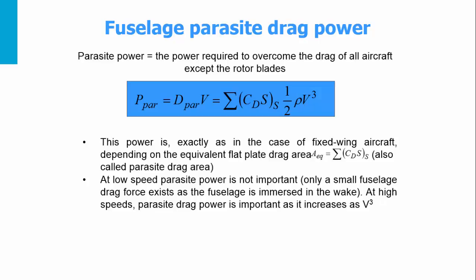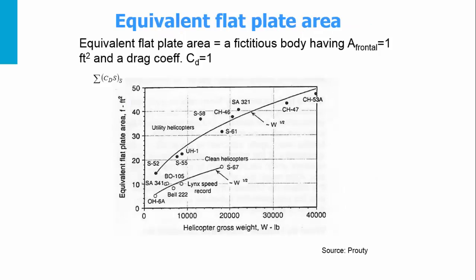We assume the fuselage as an equivalent flat plate drag area, and we have to calculate this equivalent flat plate area in order to obtain the parasite power. How to calculate this? Usually this is done statistically using the helicopter gross weight.